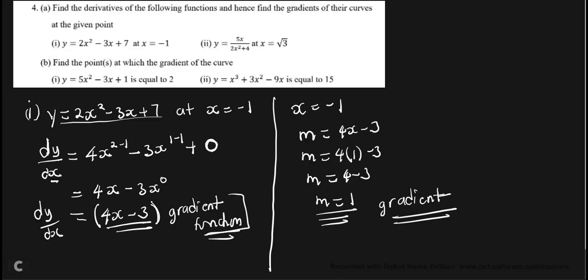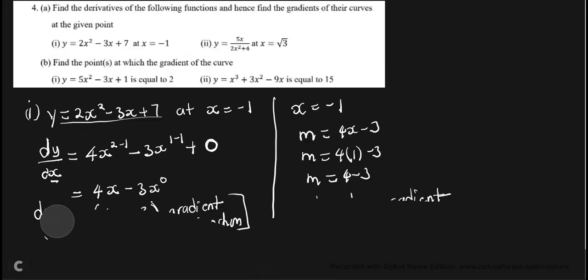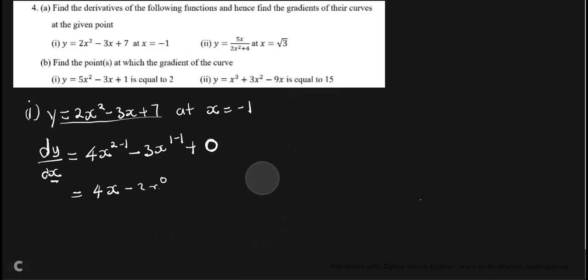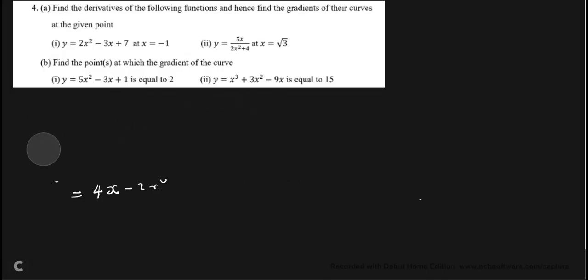Then let's go to question 2. What question 2 is saying is that y equals 5x over 2x squared plus 4, at what point exactly?